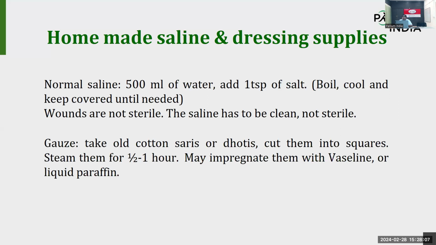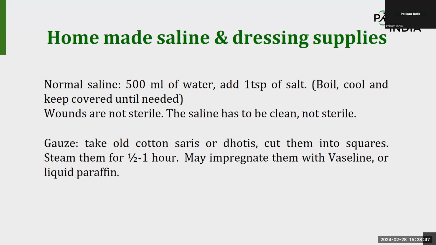He already discussed the homemade saline and dressing supplies. How to make homemade saline: in local areas, normal saline is actually not available, so you can tell them to make normal saline. Take 500 ml of water and add 1 teaspoon of salt, boil and cool, and keep it in an airtight cover or bottle.